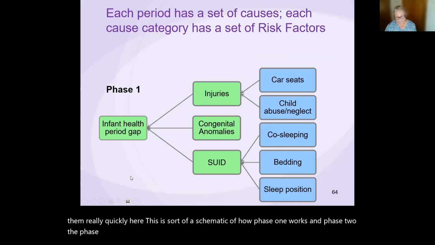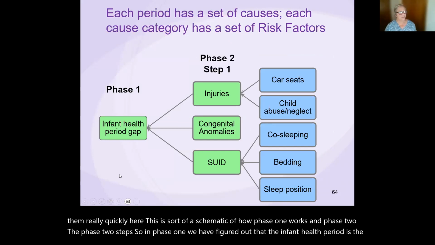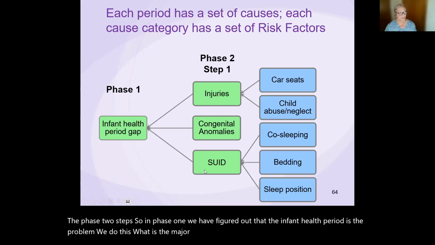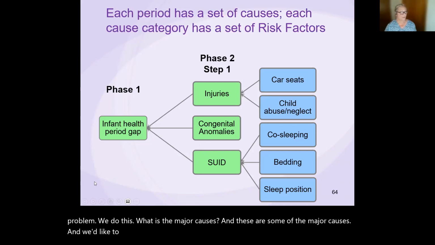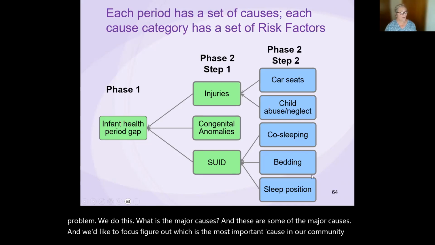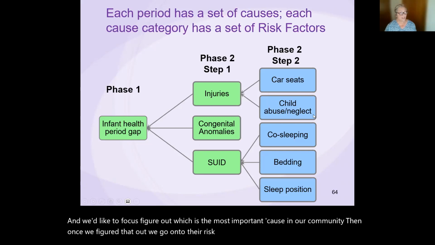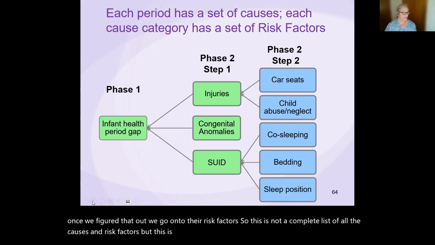So in phase 1, we have figured out that the infant health period is the problem. We ask, what are the major causes? And these are some of the major causes. And we'd like to figure out which is the most important cause in our community. Then once we figure that out, we go on to the risk factors. So this is not a complete list of all the causes and risk factors, but this is a schematic of what's going on in our process.